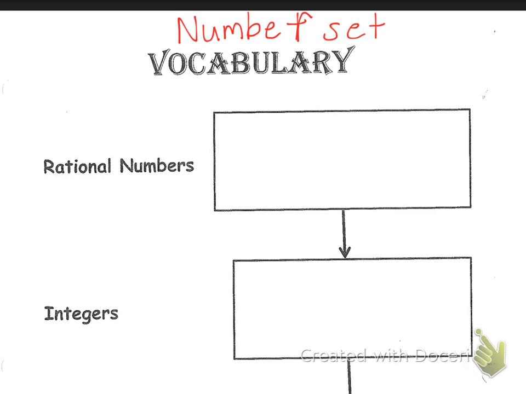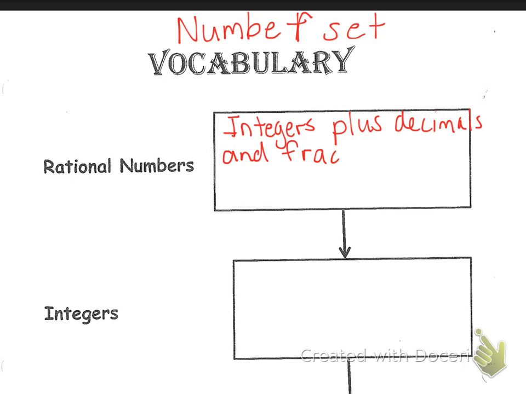So rational numbers. Rational numbers are integers plus decimals and fractions that terminate or repeat. So what do terminate and repeat mean?